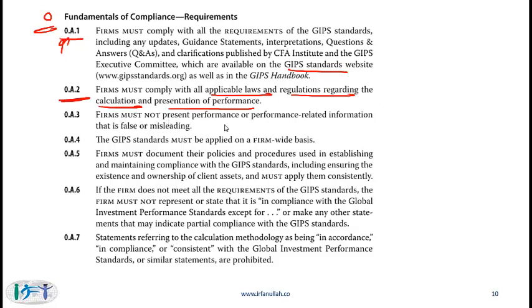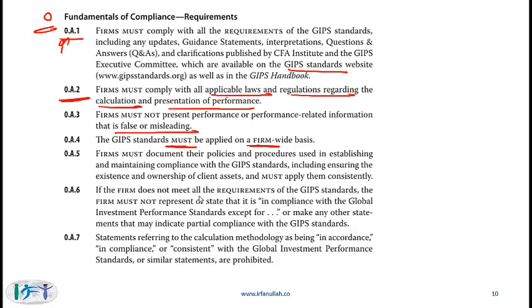Firms must not present performance or performance-related information that is false or misleading. The GIPS standards must be applied on a firm-wide basis. Firms must document their policies and procedures used in establishing and maintaining compliance with the GIPS standards, including ensuring the existence and ownership of client assets, and must apply them consistently.